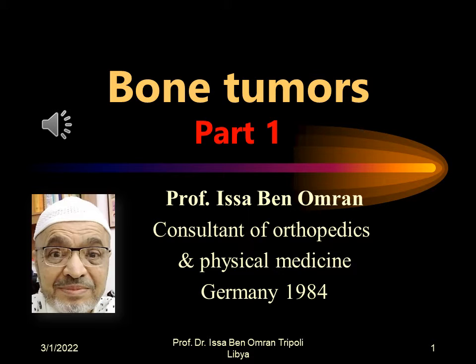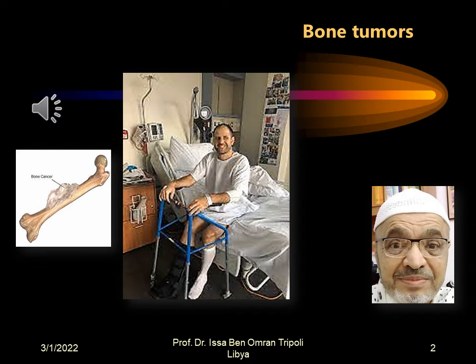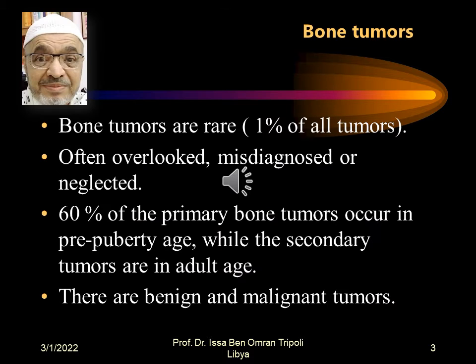Another topic in orthopedic surgery, bone tumors, part 1. In this presentation, we will see the most common bone tumors in the human body, but bone tumors are in general very rare.